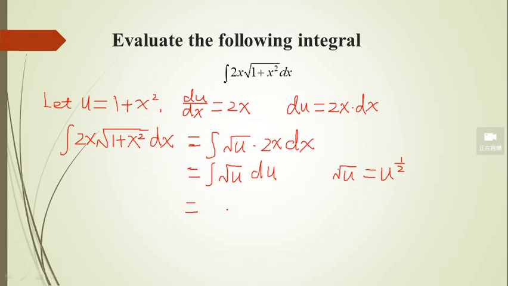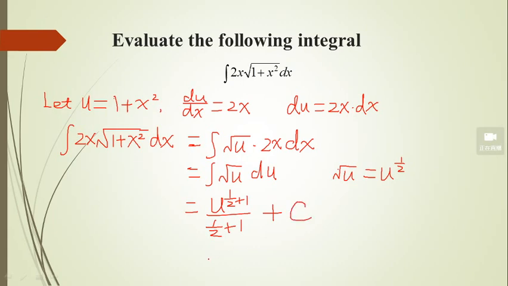So here we will use the formula: for u to the n, the antiderivative will be u to the n plus 1 over n plus 1, and then plus the constant c.